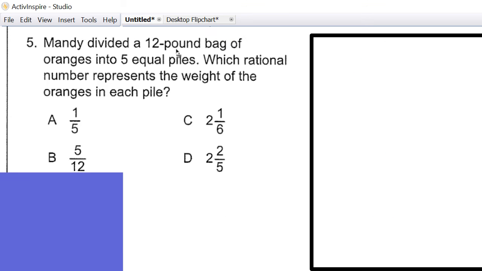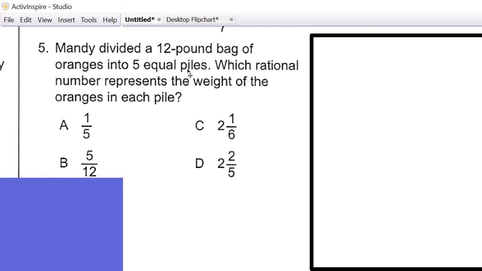Let's go ahead and do number 5, and then we'll move on to the bottom of the page. Mandy divided a 12-pound bag of oranges into 5 equal piles. That looks like this. 12 pounds of oranges divided by 5 equals. And the directions don't actually ask you to do 12 divided by 5. It asks you to write 12 divided by 5 as a rational number. Well, we've gone over this quite a few times.